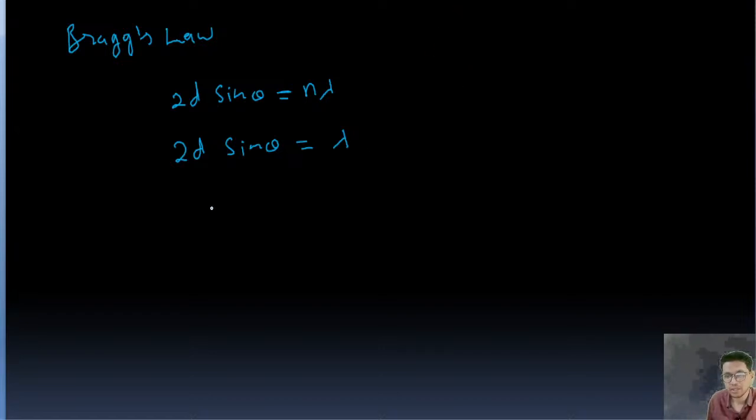And since this is an FCC crystal, the d value is going to be a upon root of h square plus k square plus l square, right? These are Miller indices.